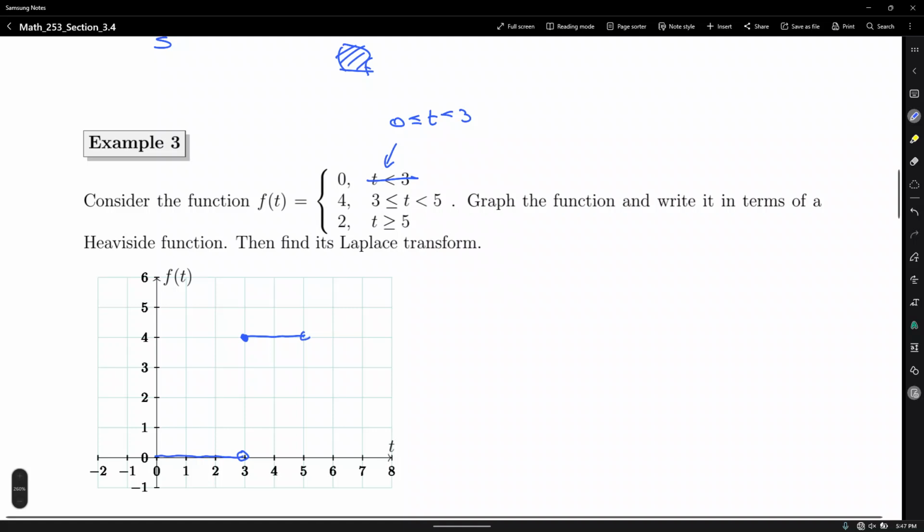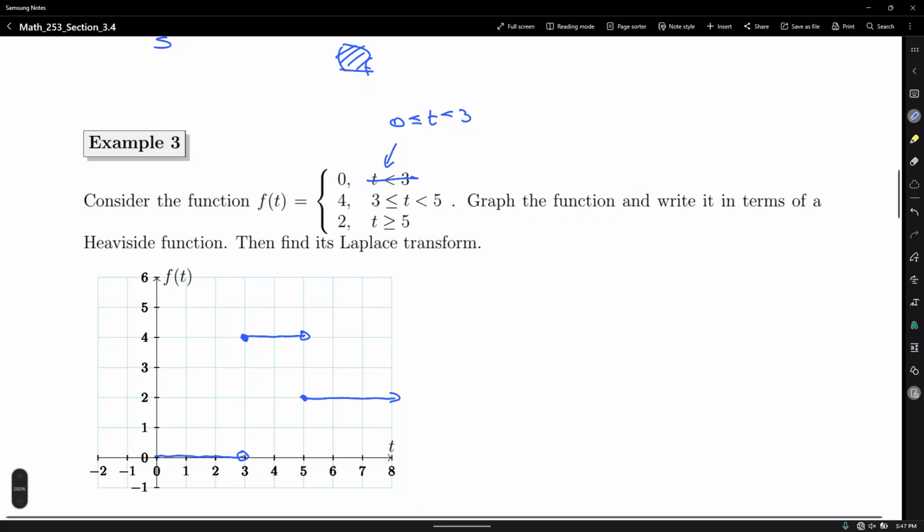And at 5, a light with intensity 4, or a signal of 4, is going to turn off, and then a new one will turn on, one with an intensity of 2. So solid, and then it simply goes on forever. All right?